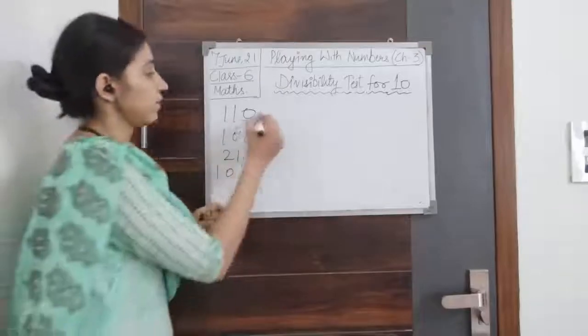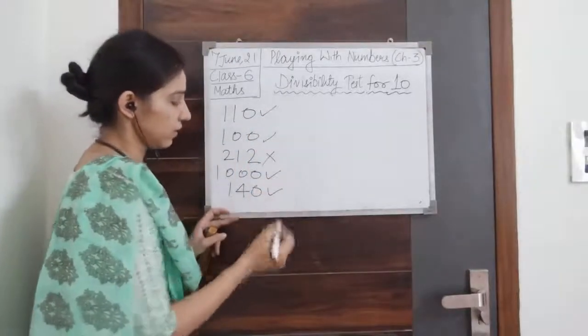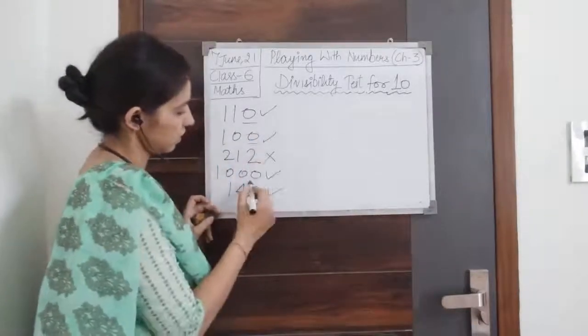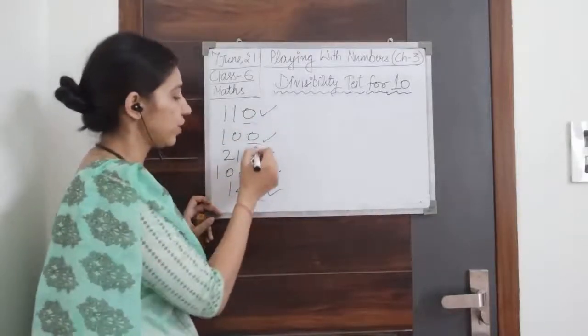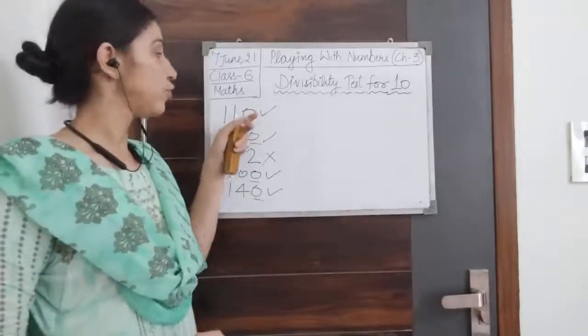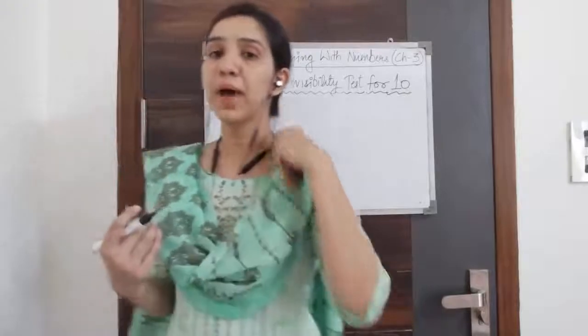You can easily tell this number is divisible by 10, this is divisible by 10, this is not, this is. कैसे? Because all these 4 numbers have 0 in its units place. It means अगर आपके units place पर 0 है, it means that number is divisible by 10.